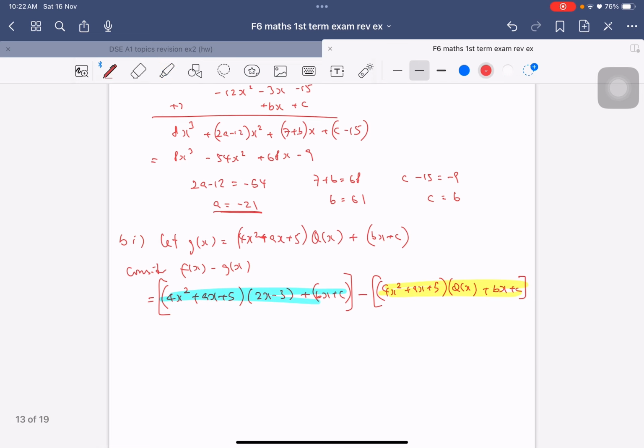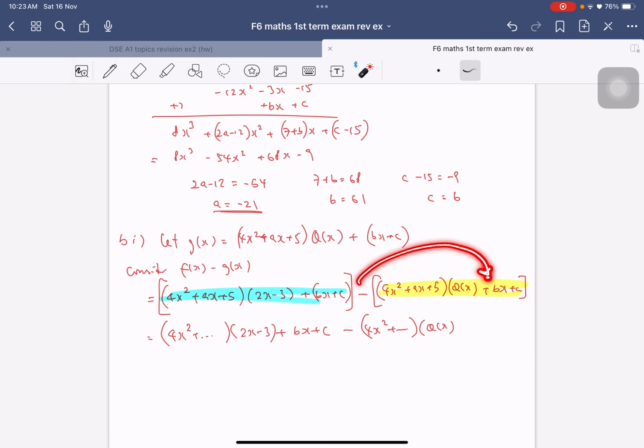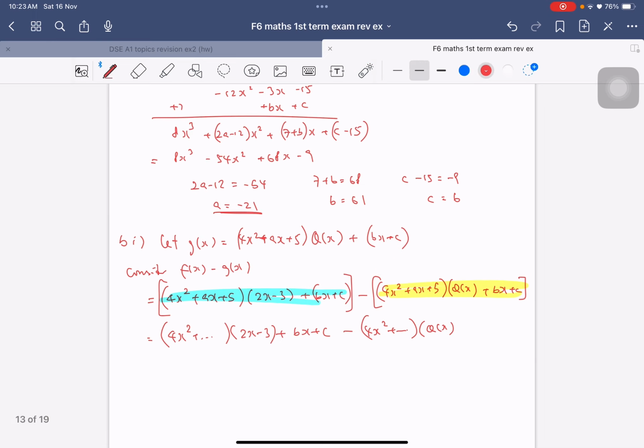Now we can expand the brackets. The negative I can put in. So I have (4x squared plus ax plus 5) times (2x minus 3) plus bx plus c, minus (4x squared plus ax plus 5) times q(x), and because the minus goes in, I minus the bx and minus the c.